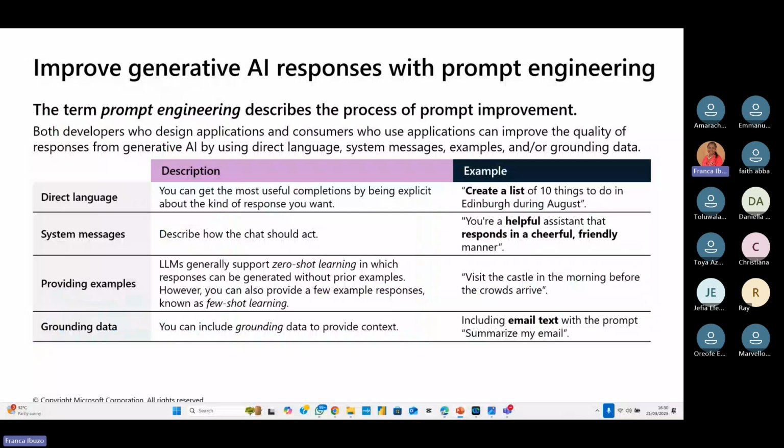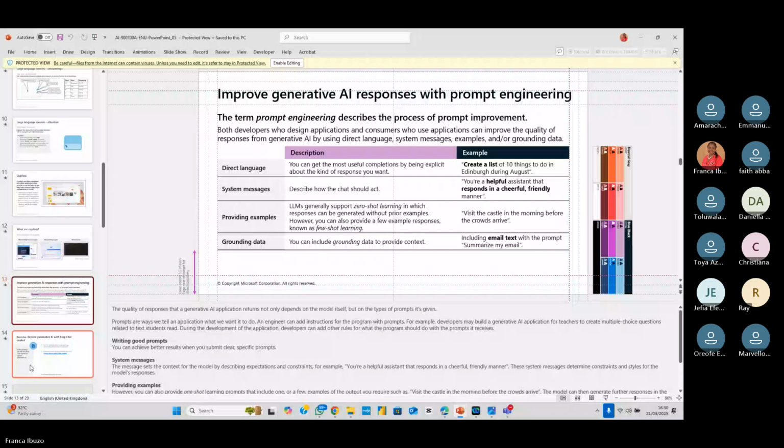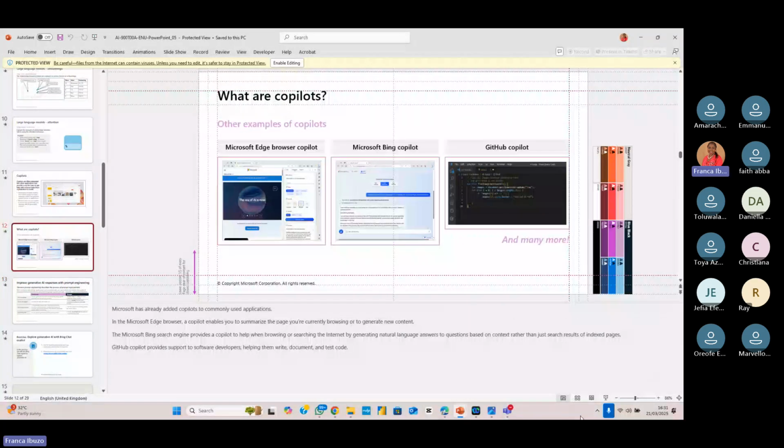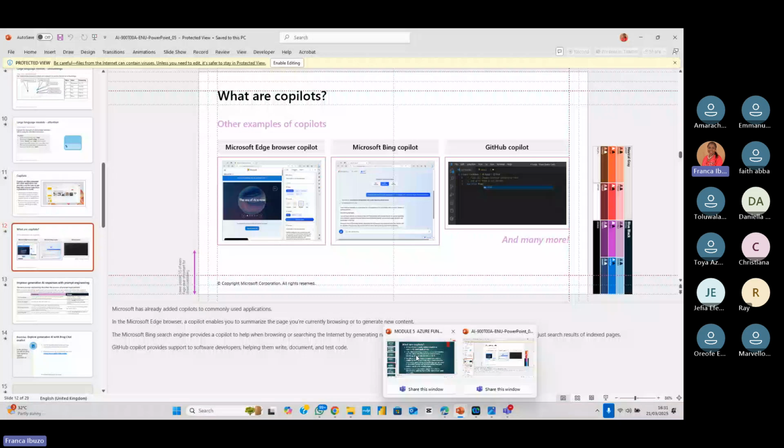So let's look at the co-pilots here. What are co-pilots? Microsoft has already added co-pilots to commonly used applications, I mentioned earlier.